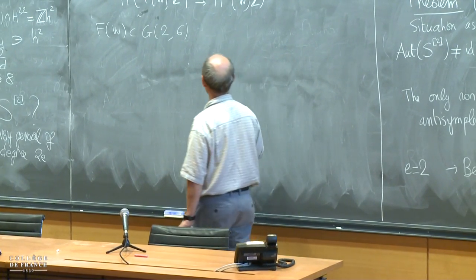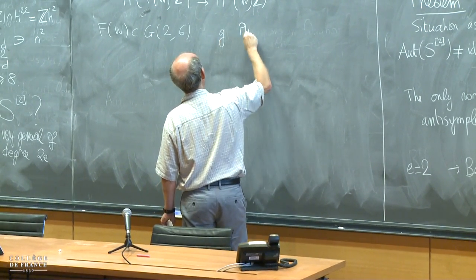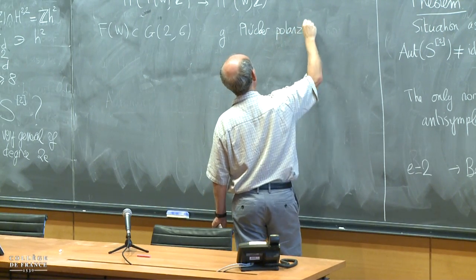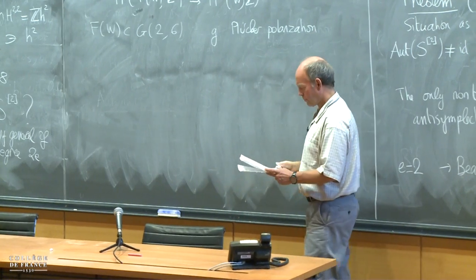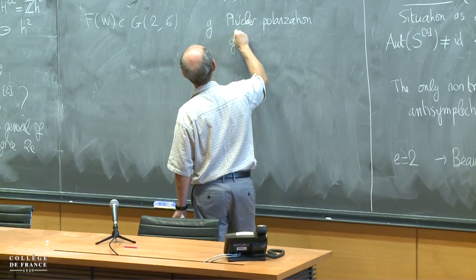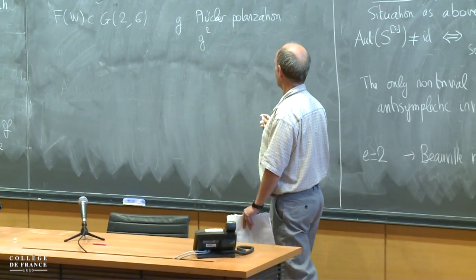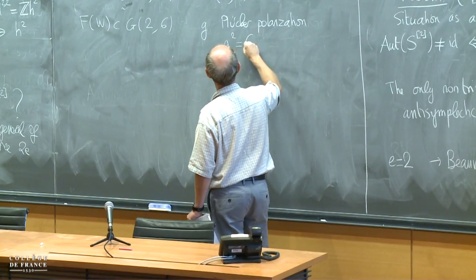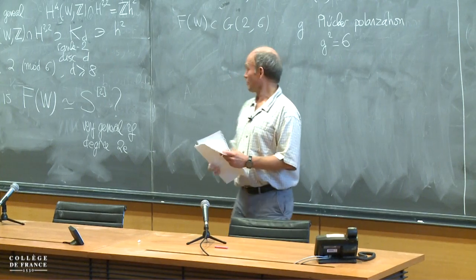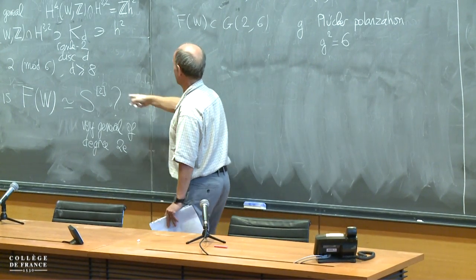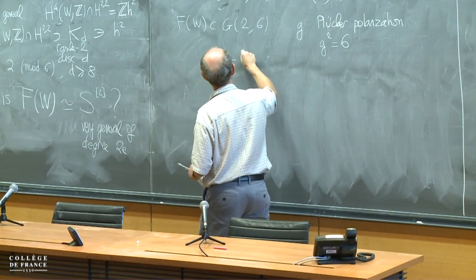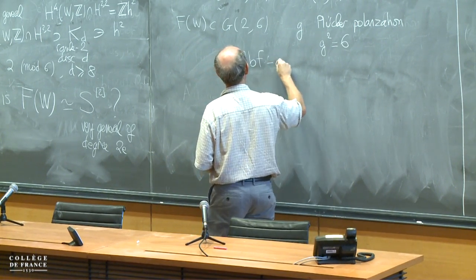So it has a polarization, and its square for the Beauville-Bogomolov-Fujiki form is 6. If this is isomorphic to S^[2], you can write it in the H2 of S^[2]. So we can write it as 2BF minus A delta.